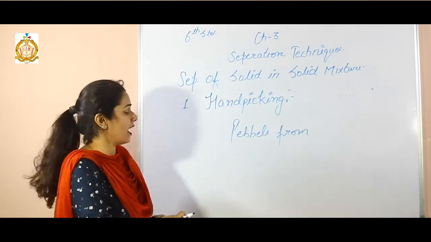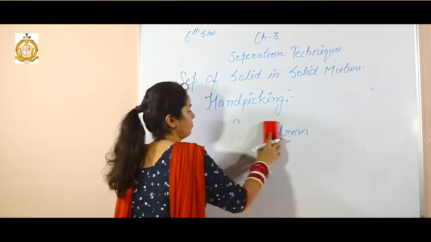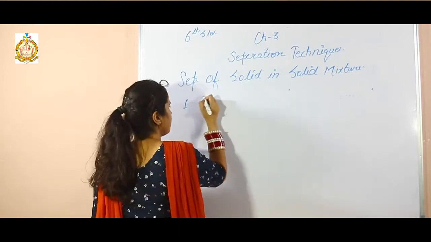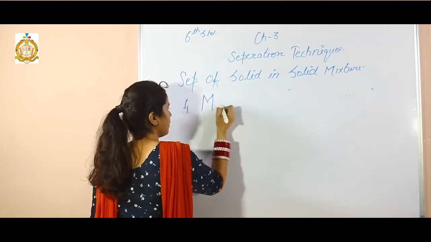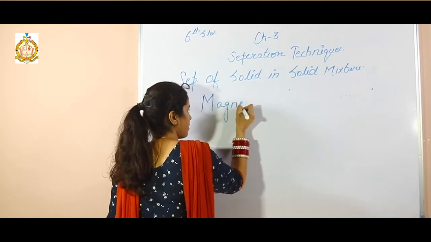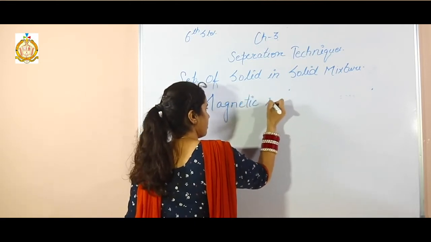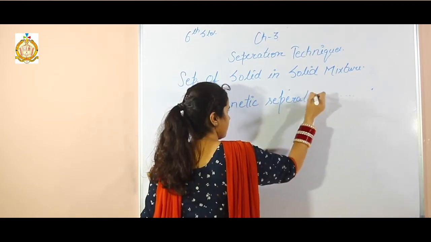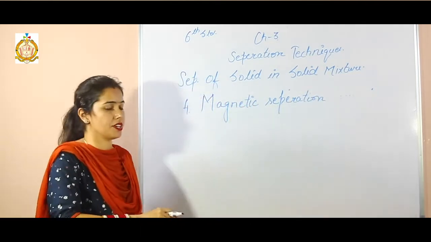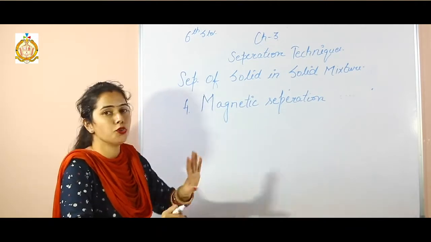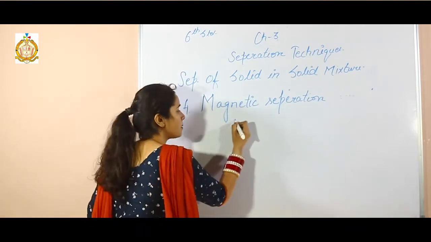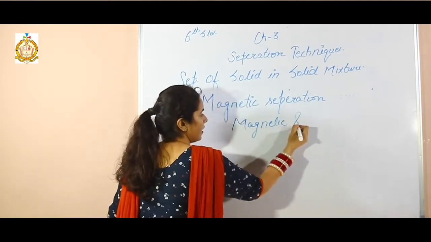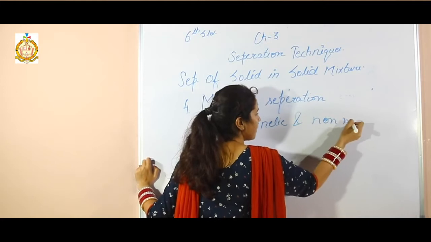Now the next one, that is magnetic separation. Here we separate two components, one is magnetic and the other is non-magnetic.